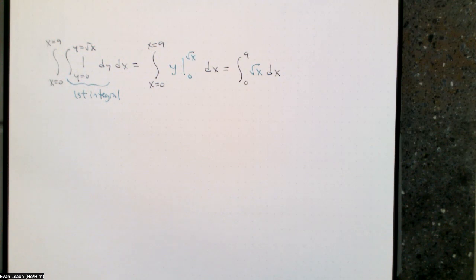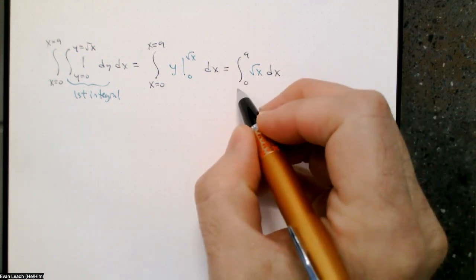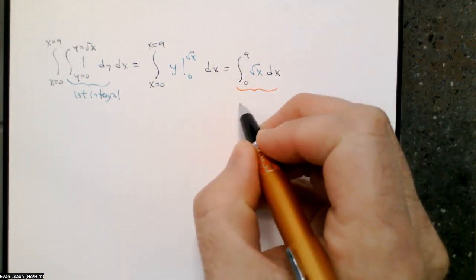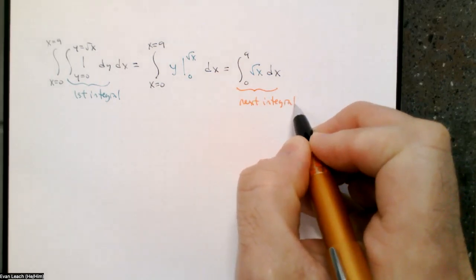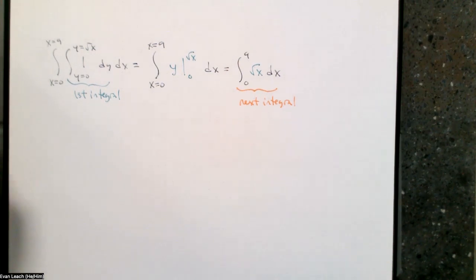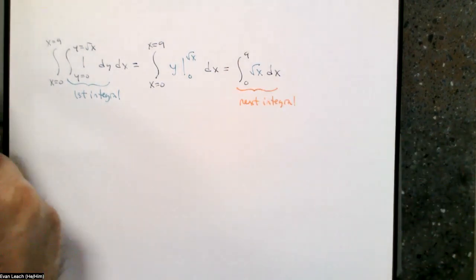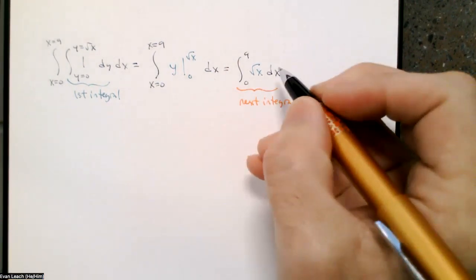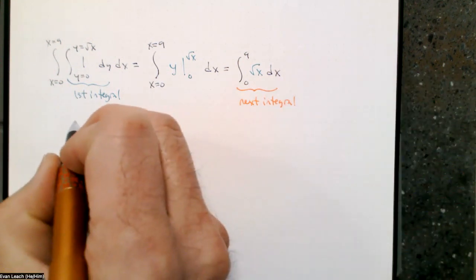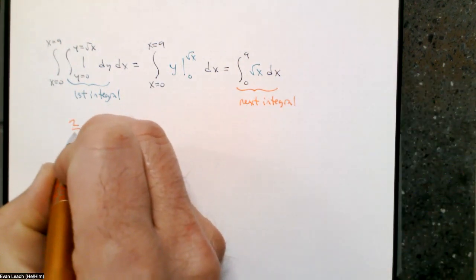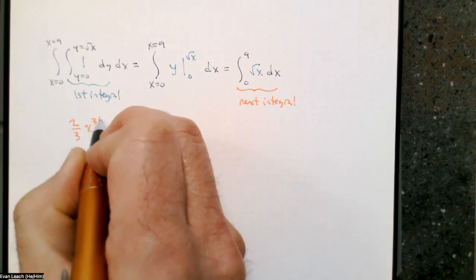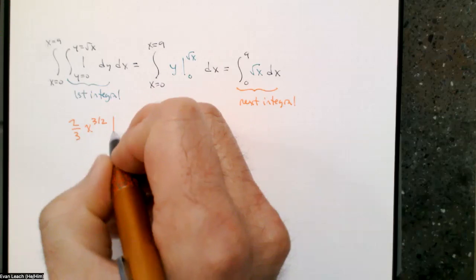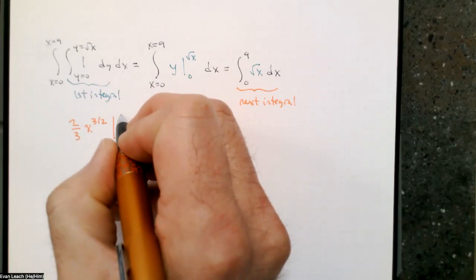But now we can take care of the second integral. So our next integral is the square root of x. So that's going to be an x to the 1/2. So we'll have a 2/3 x to the 3/2 evaluated from 0 to 9.